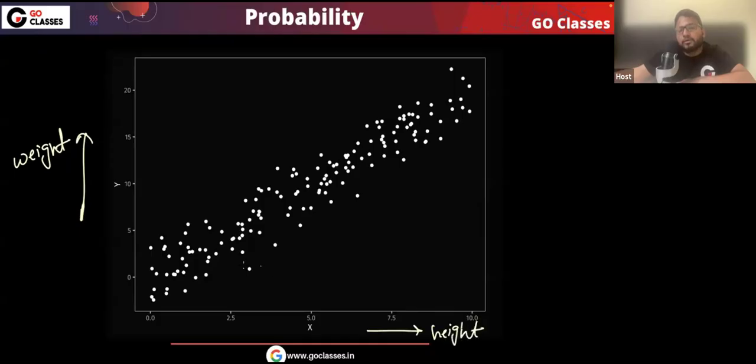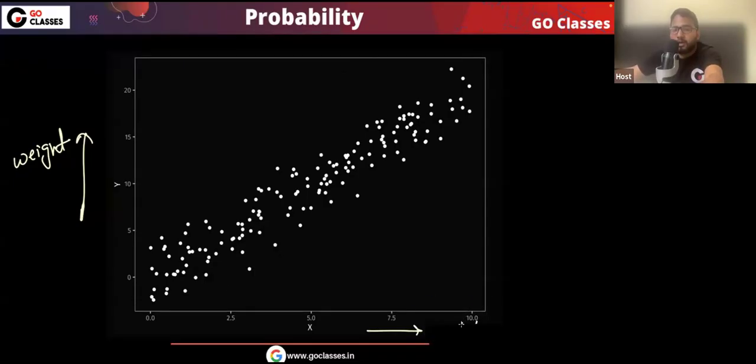Suppose height is increasing, then in general weight might also increase, because taller people have more capacity to carry more weight, probably. Suppose this is the data of some height and weight, or maybe some other data you can assume. Maybe you can say it is number of ice creams.